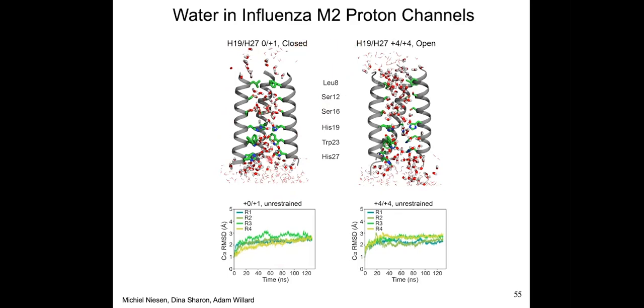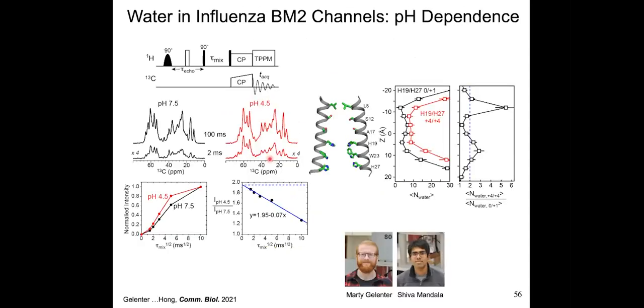We can analyze various things, the water molecules, what are the translational motion, what are the rotational motion of water molecules. But experimentally, what we can do is first we say, okay, let's do a water edited experiment here. I'm having a soft pulse 90 excitation, and then I do the T2 filter, transfer to carbon, and then I can compare the closed state and open state of BM2, high pH, low pH.